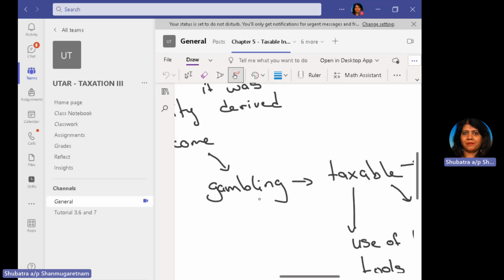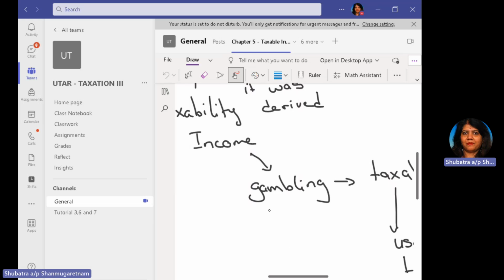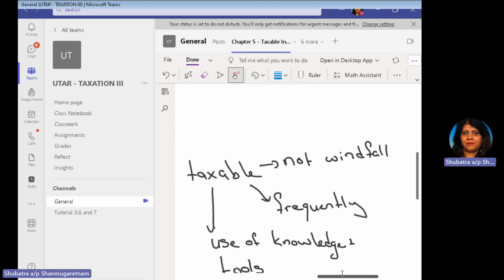Gambling is naturally not taxable if it's a windfall, but gambling winnings become taxable when it's not a windfall.